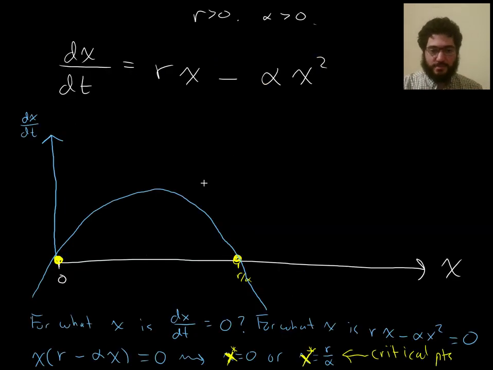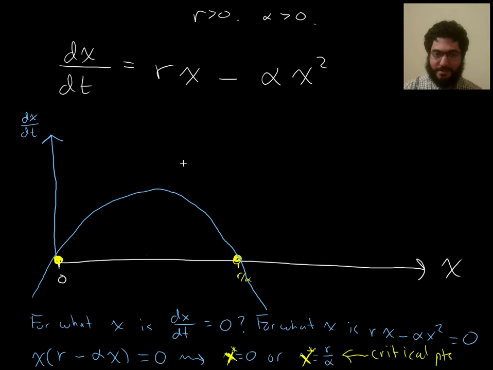And so back here, these 0 and r over alpha, these are equilibrium solutions actually. If the number of infected people starts at 0, then it will remain 0 forever. That makes sense. That's an equilibrium solution. Everything's in equilibrium if there are 0 infected people.